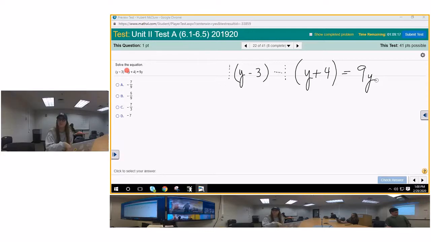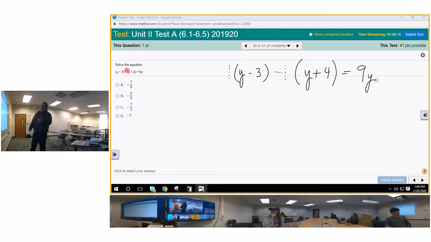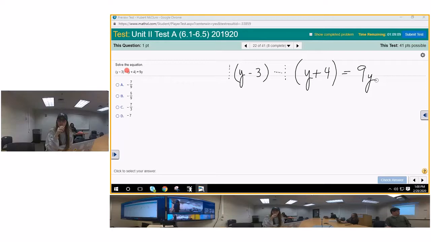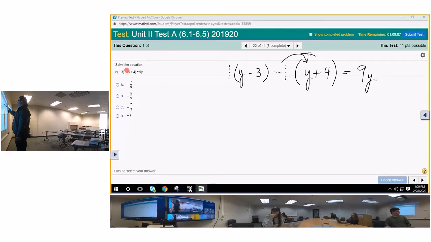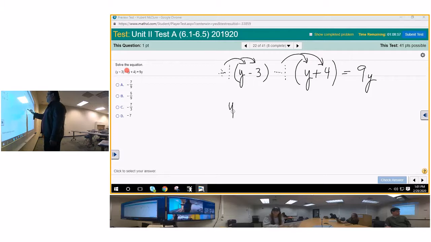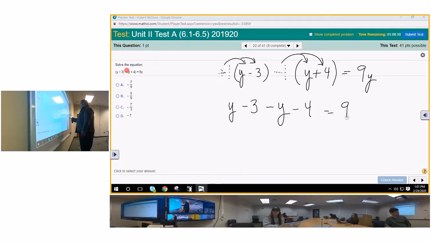Because the -1 that's in front of that parenthesis, what will it do to everything inside the parentheses? It makes the rest of it negative. It makes the opposite sign, yes. And the positive one, it really doesn't do anything, it just hangs around. Y minus 3, and that's going to be a negative y minus 4 is equal to 9y.